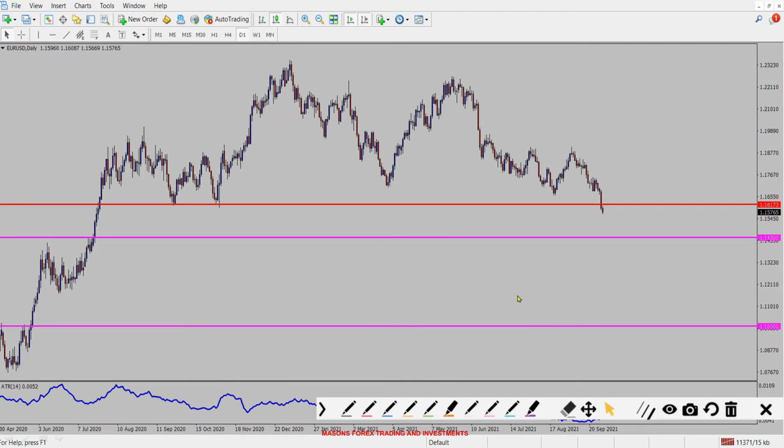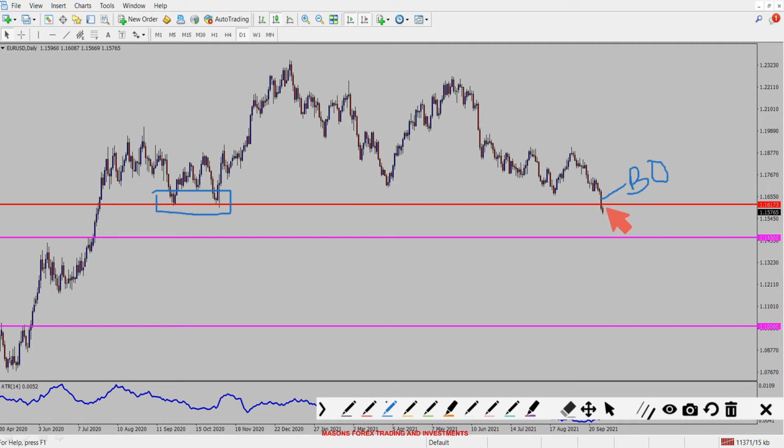On the daily chart, we've marked this level of 1.16173. If you look left, we have a breakout candle here, call it BO.